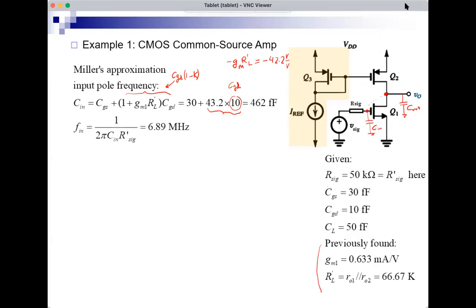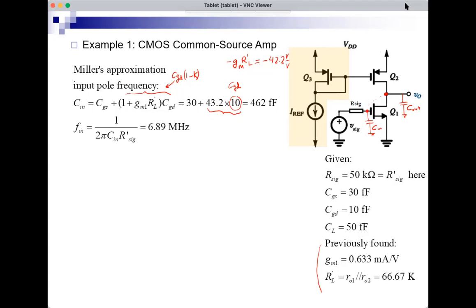Fin, what is the resistance that corresponds to this frequency? Again, we calculated this previously, and after applying Miller's approximation, the input circuit and the output circuit become simple RC circuits.